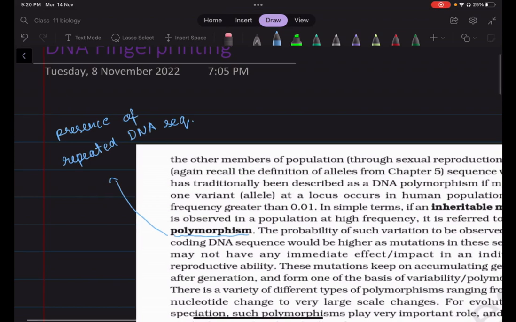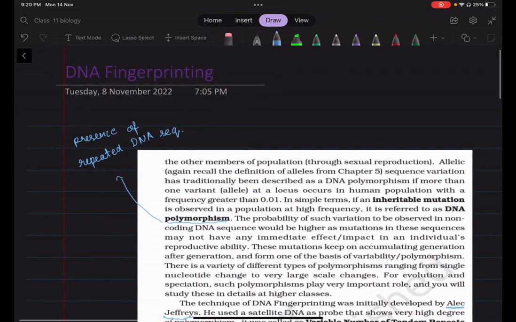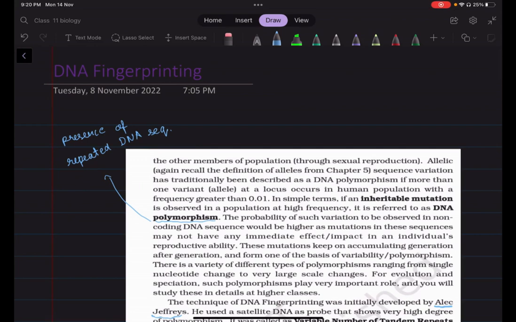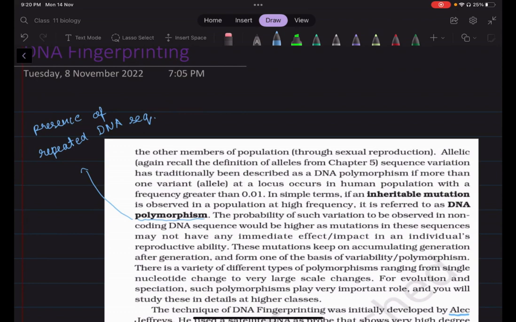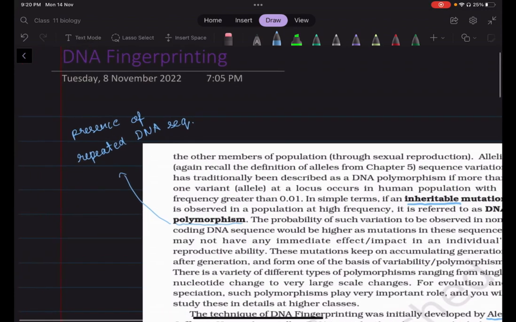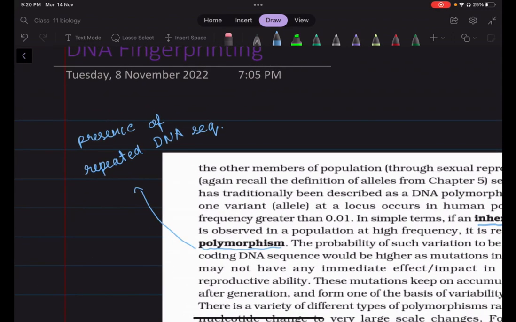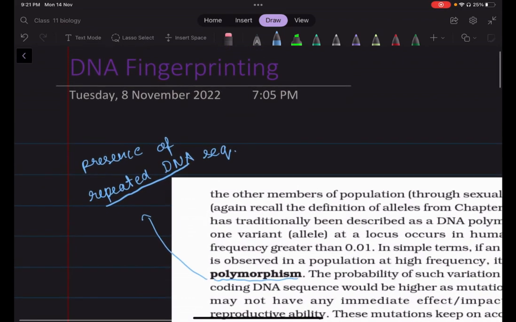This repetition of DNA sequence is called polymorphism, and as this repetition is inheritable, this repetitive DNA is also inherited by future offspring. That's why in a population, when the number of repeated DNA sequences is similar, we can say that they are genetically related.